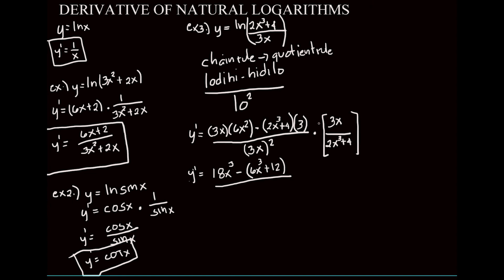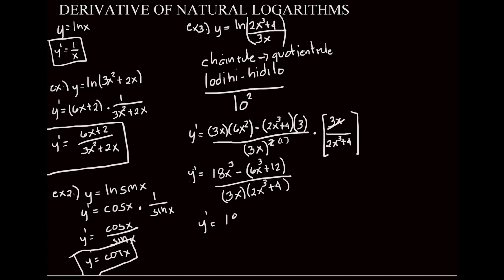So what we could do is just cancel our 3x, and the exponent of 2 will now become a 1. So we now have at the bottom 3x multiplied by 2x cubed plus 4.